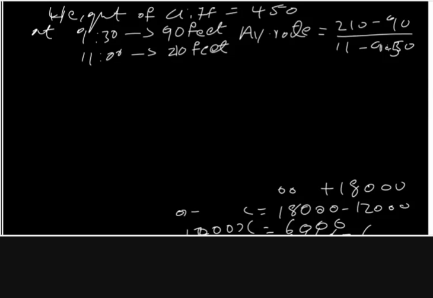So this is going to be 210 minus 90, which gives us 120, divided by 1.5, which gives us 80 feet per hour. So this is the average rate at which the climber is climbing.